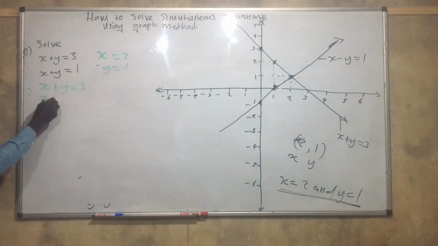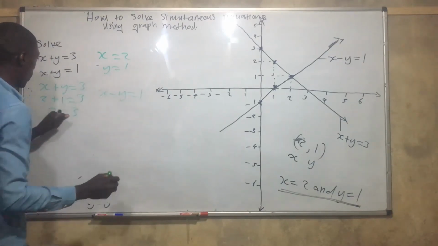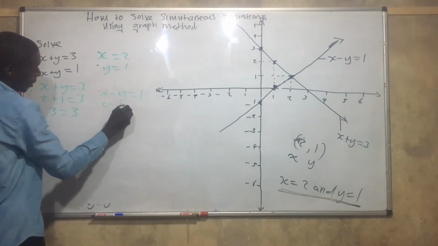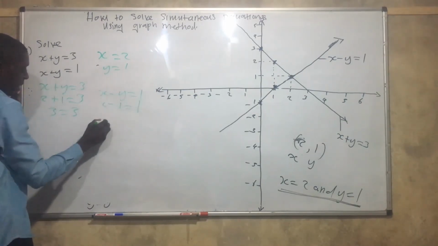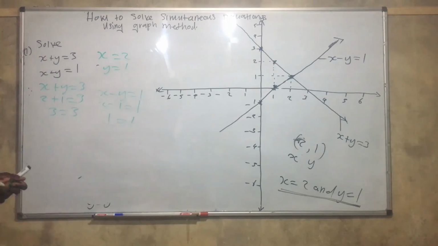Then we replace: 2 plus 1 should give us 3, which is 3 is equal to 3. Then x minus y is equal to 1. We replace x is 2, y is 1, should give us 1. So 2 minus 1 is equal to 1. So these are the solutions for the equations which we have been given.